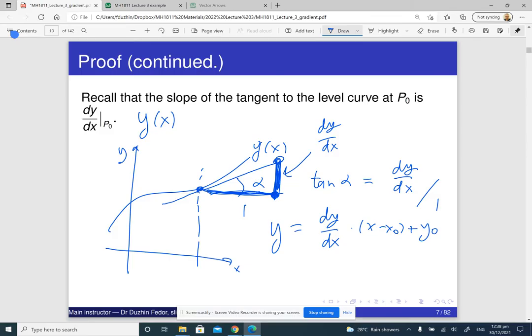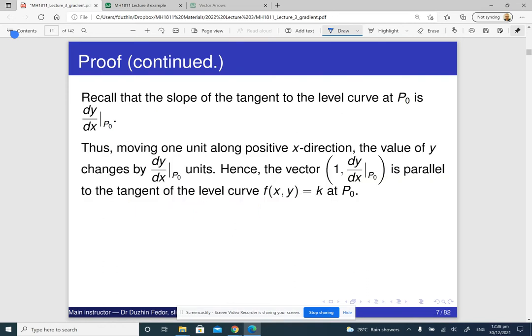And this dy/dx coefficient in front of x precisely means that this is the slope of the tangent line, right? So okay, now what we see here from this picture and from this equation is that this vector, whose entries are 1 and dy/dx, is in fact parallel to the tangent line of the level curve, right?